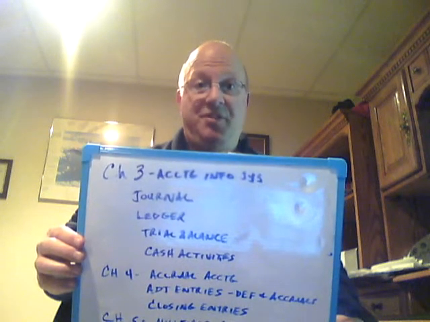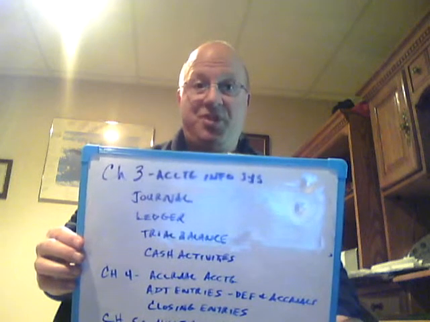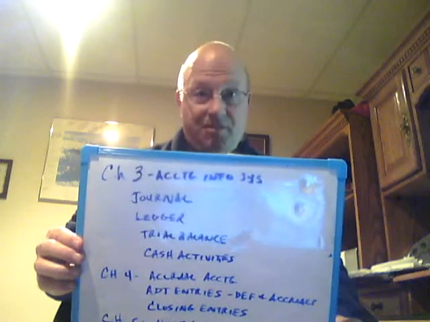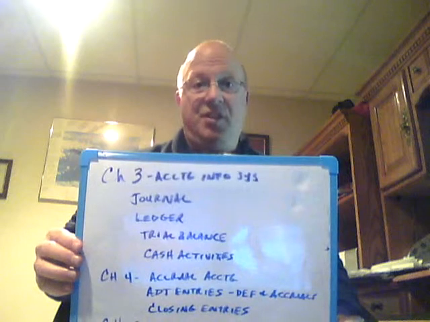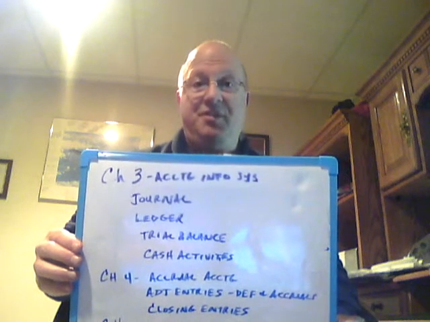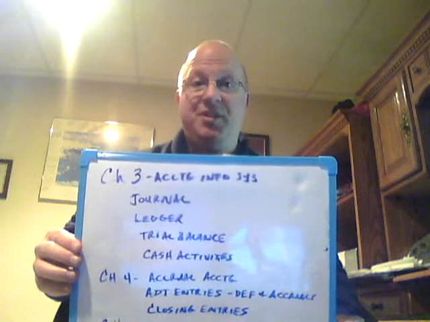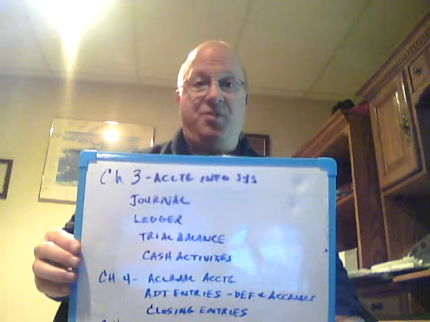And then we do an adjusted trial balance, which incorporates those adjusting entries into the accounts that were affected. And finally, we prepare the closing entries upon completion of the financial statements in order to close up the revenue and expense accounts. And as you recall, that income summary account is used to do that.